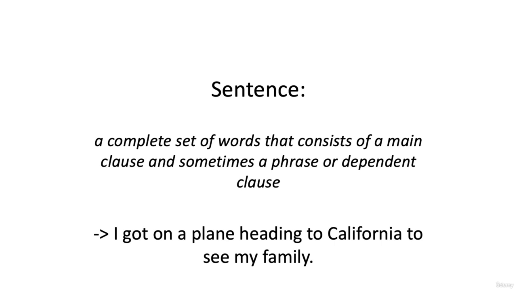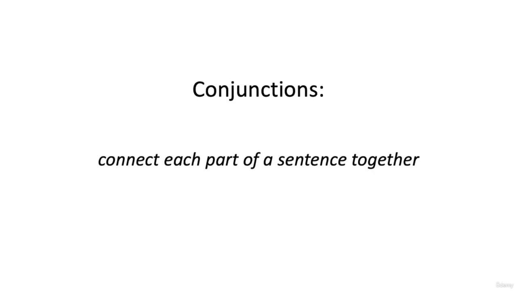Well done. Now, where do conjunctions come in? Well, conjunctions serve to connect each part of a sentence together. There are three types of conjunctions: coordinating, subordinating, and correlative conjunctions.